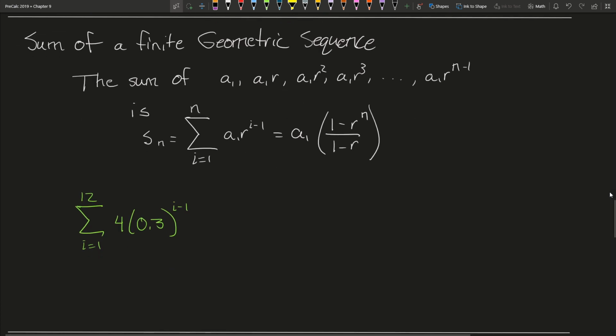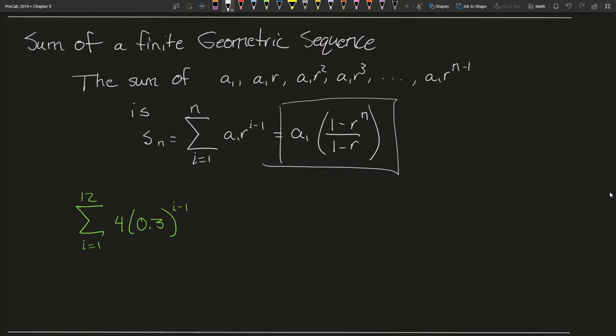So the last thing we need to go over is the sum of a finite geometric sequence, and this will end up being your actual homework. Okay. So the sum of a finite geometric sequence is given by the equation right here.